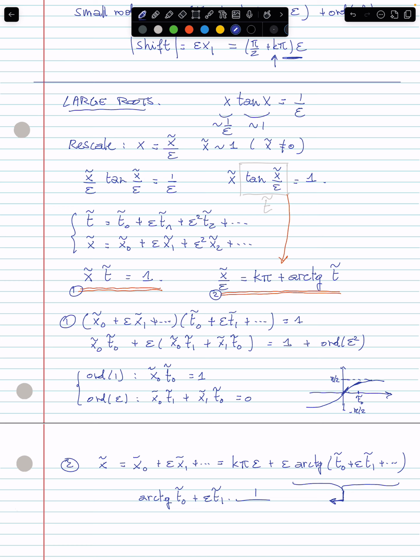So this is 1 over 1 plus t0 tilde square, and then we have additionally terms of order epsilon square.